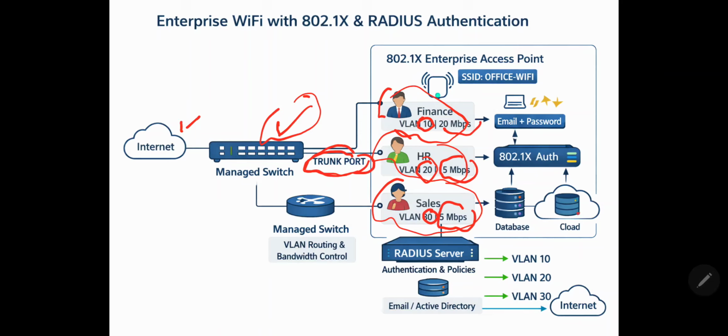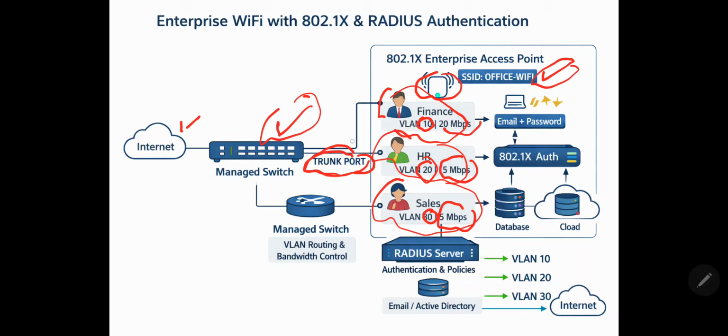Next, go to the AP, or access point. We can access the internet through Wi-Fi using the access point. The access point provides Wi-Fi with a name, for example, Office Wi-Fi. Okay, we will give the SSID name for this Wi-Fi. The name is Office Wi-Fi. All users can connect to the same Wi-Fi, but they are not in the same network.